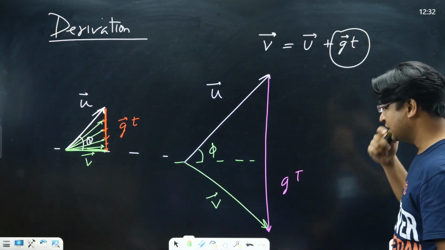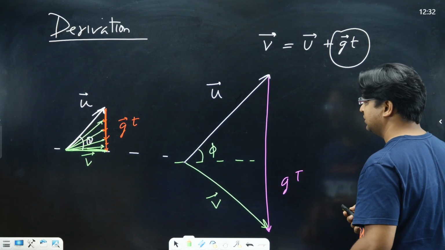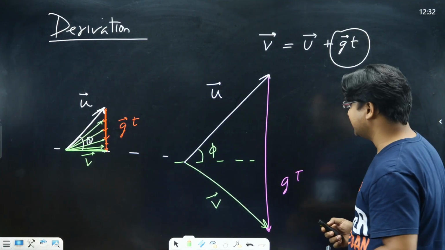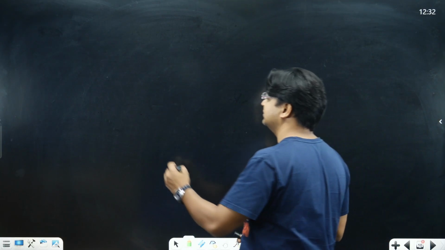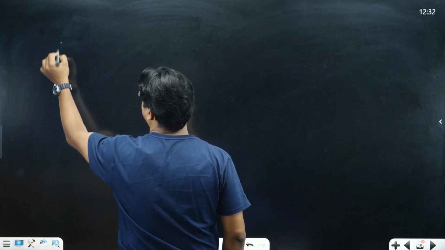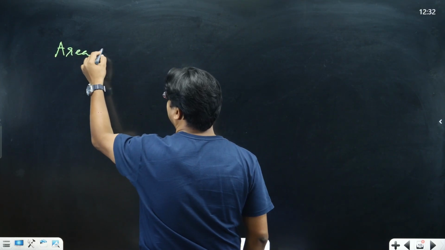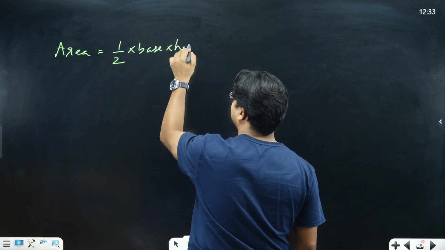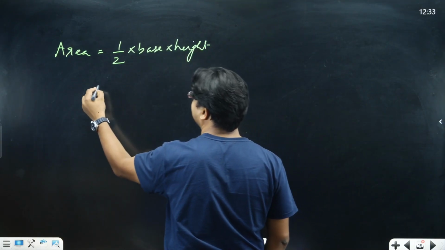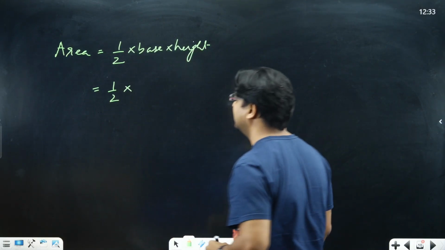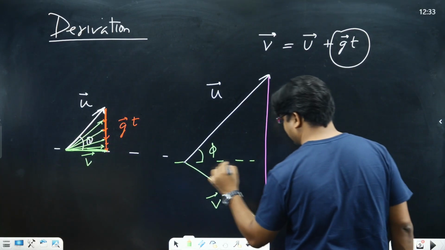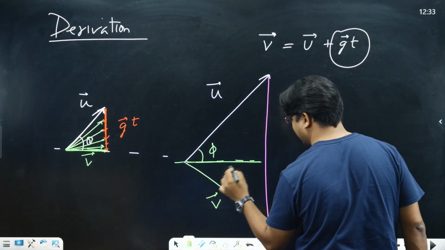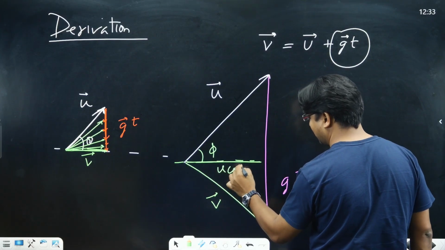Now this is one key idea, that we get this triangle. The next key idea is, if I want to write the area of this triangle, that would be half into base into height. So see this length, can I write this length as u cos phi?